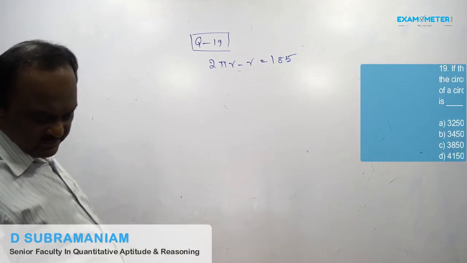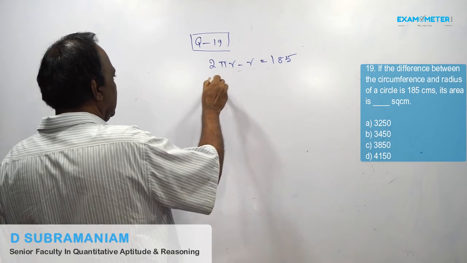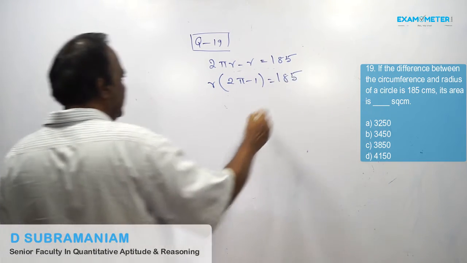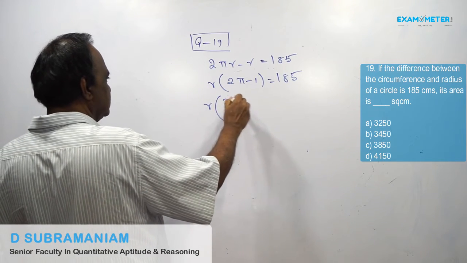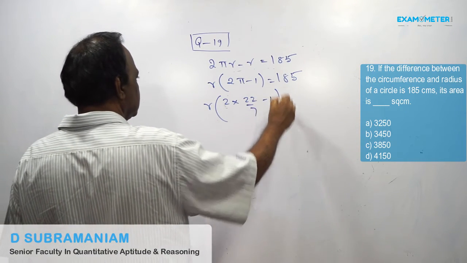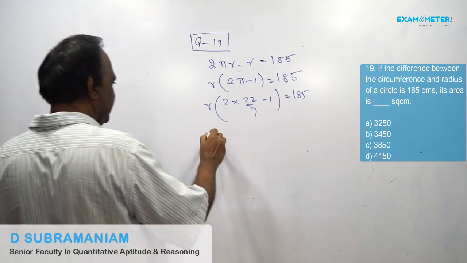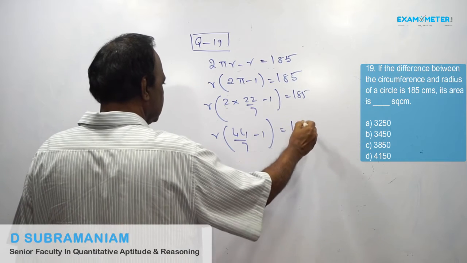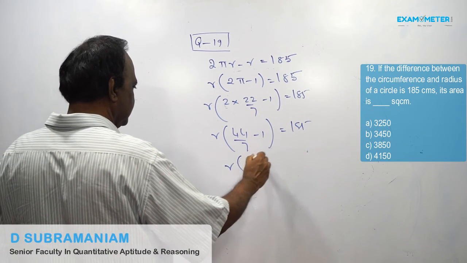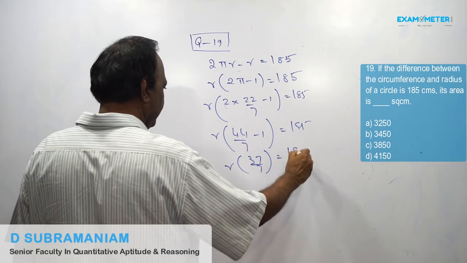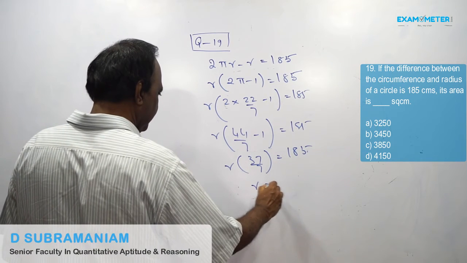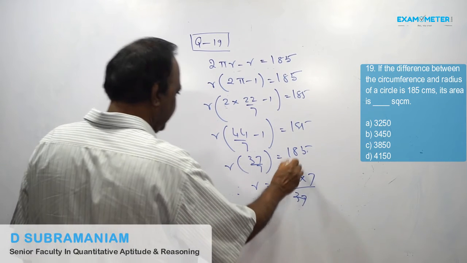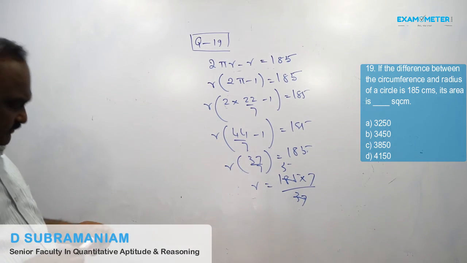R into (2 pi minus 1) is 185. So R is equal to 35.